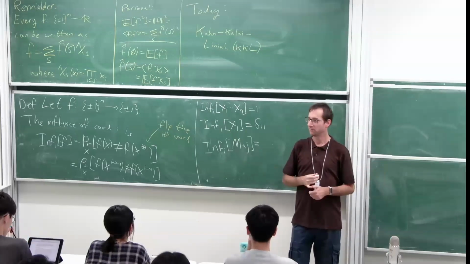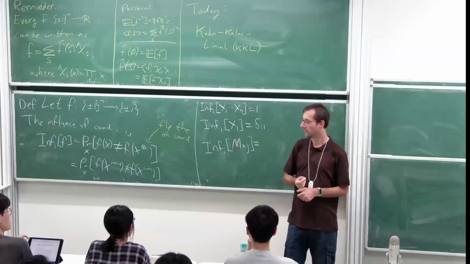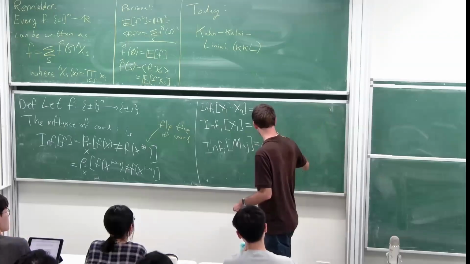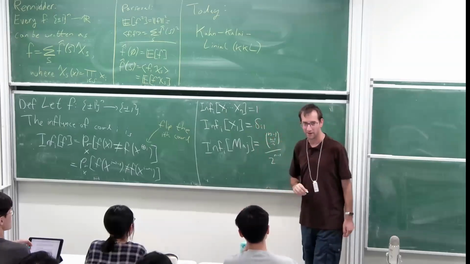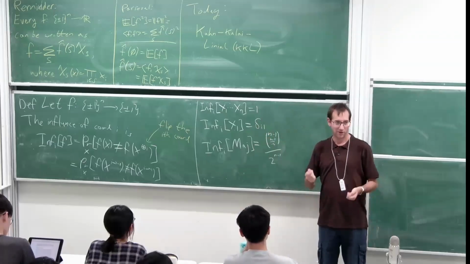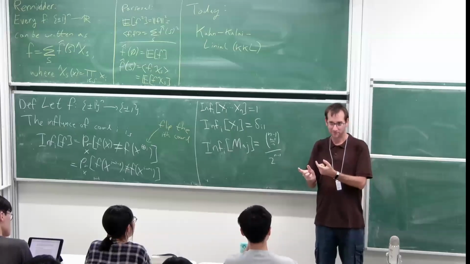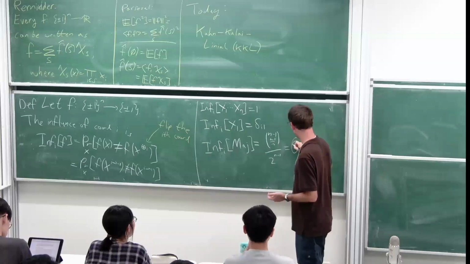So the influence is n minus 1 choose (n minus 1) over 2, over 2 to the n minus 1. I'm assuming that n is odd, so coordinate I only has influence if the rest of the coordinates are exactly balanced. And this is roughly 1 over square root n.